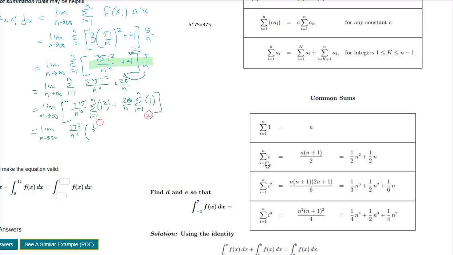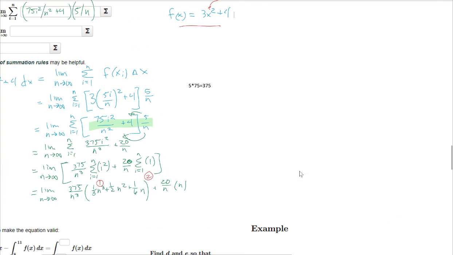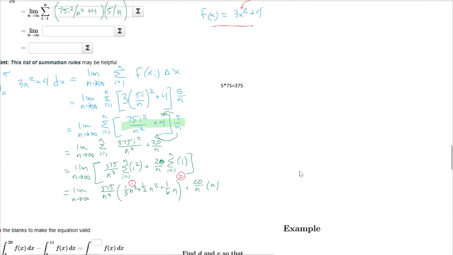My summation of i squared is 1/3 n cubed plus 1/2 n squared plus 1/6 n. And my 1, so I have 20 over n, is just n. So that's the one that I labeled as equation 1, and that's the one that I labeled as equation 2. But you need to use those equations nonetheless. They're the equations for the summation of i squared and the summation of 1. We're going to delete that because I need that space later.